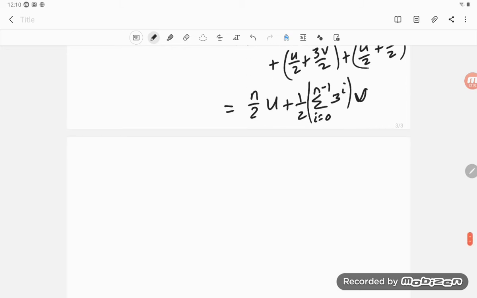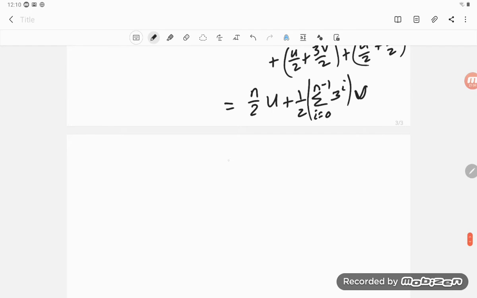Okay, so we have that sum, but that sum is a geometric series, and what we know is that geometric series adds up to be, if I have my r here being 3, let me write down our formula for a geometric series kind of over here.